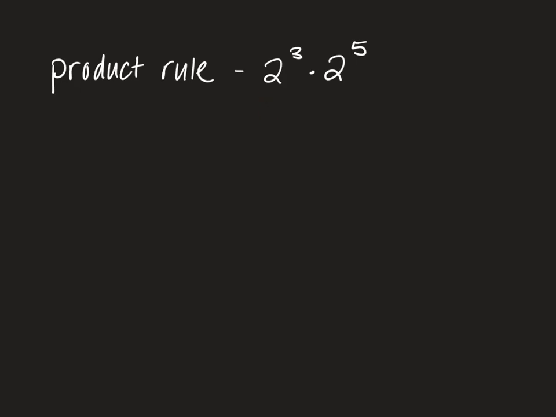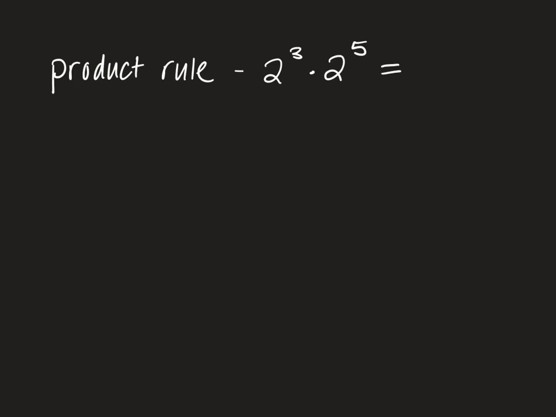They both have a base of 2. Your big number is your base. Since they have the same base, when we multiply them together, we're just adding the exponents. That's what the product rule tells us to do. So that would be equal to what?